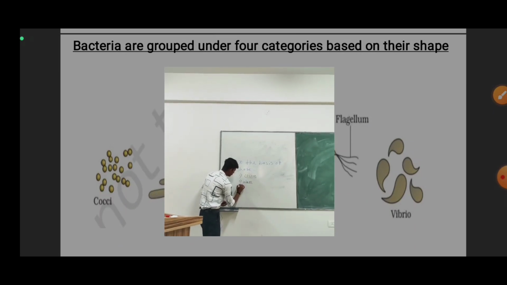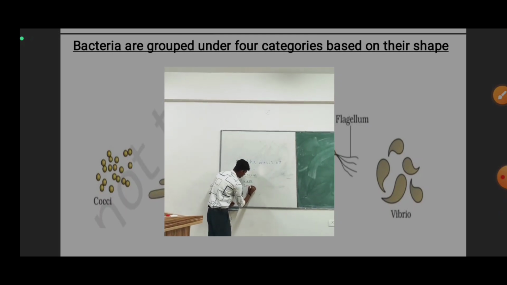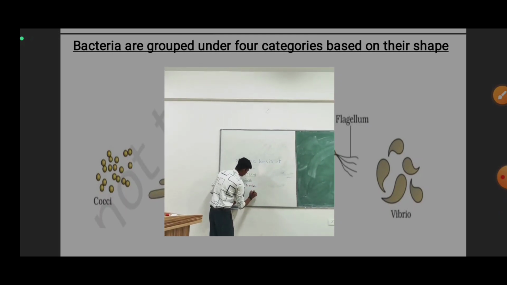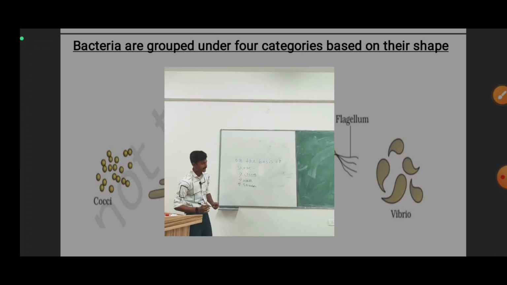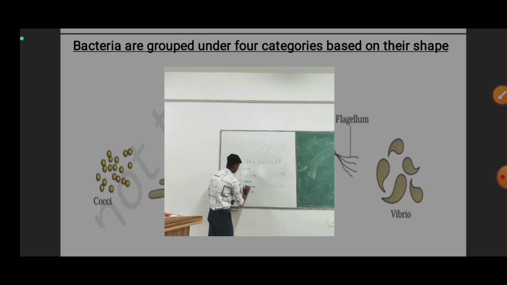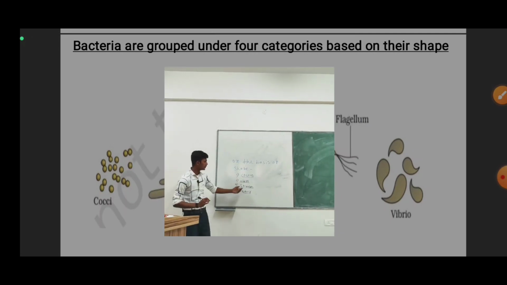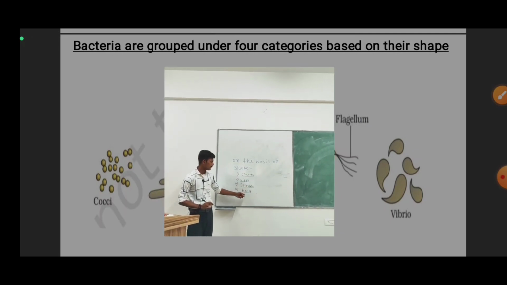Then the third type is spirillum, and the fourth type of bacteria is the bacilli. So on the basis of shape, bacteria are categorized into coccus, vibrio, spirillum and bacilli.